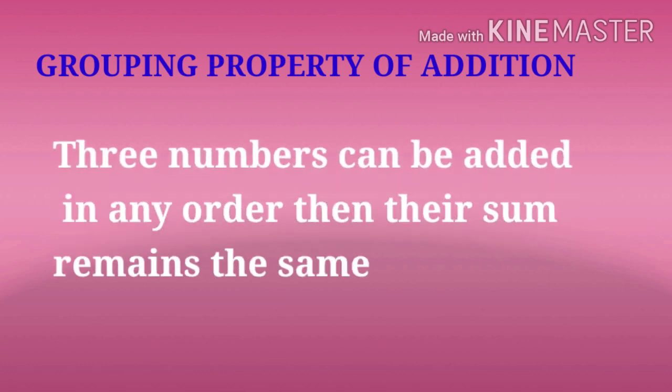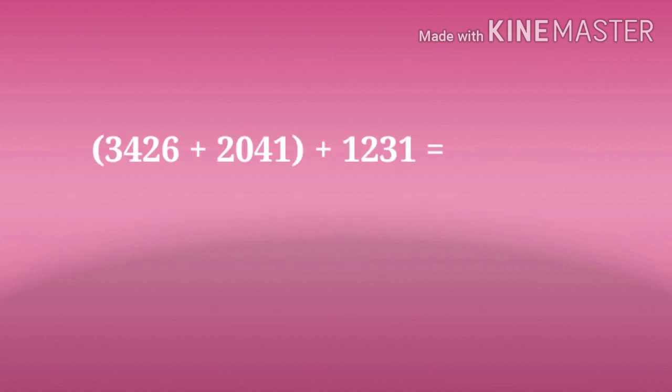Second one, grouping property of addition. This says that three numbers can be added in any order, then their sum remains the same. Look at the examples. Here we have three numbers, that is 3426, 2041 and 1231.